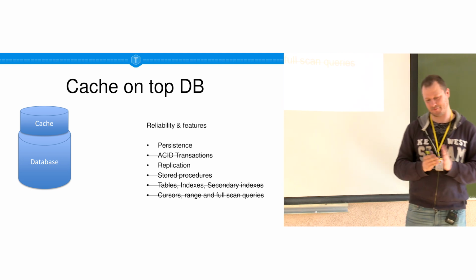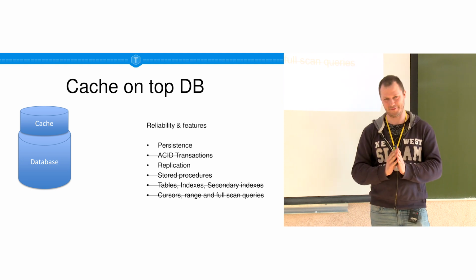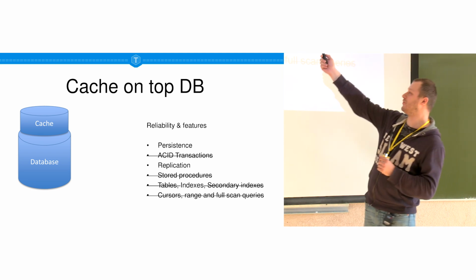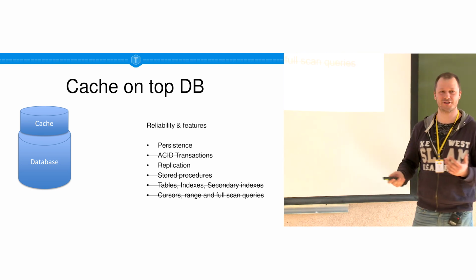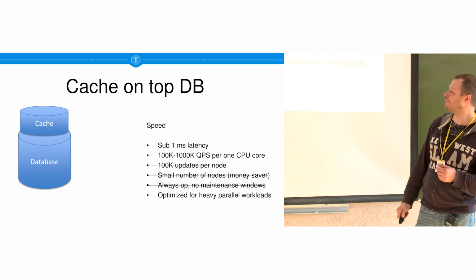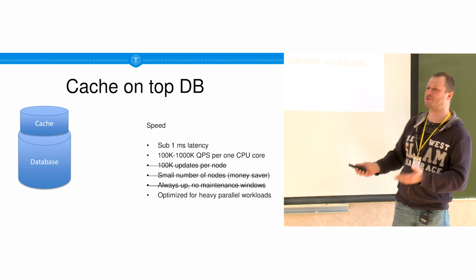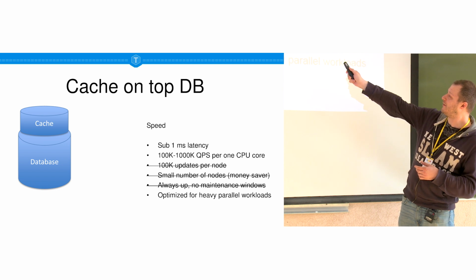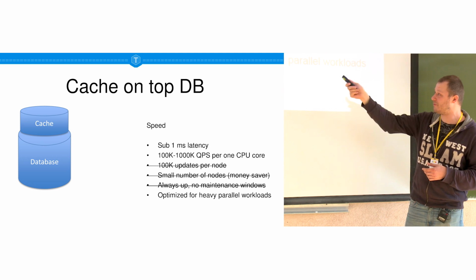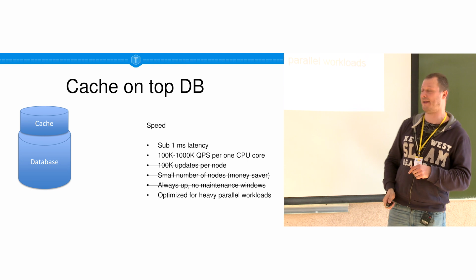It can be many operations, but they're all completed or not at all. So you lose this property, of course, because you have a cache, and caches don't have transactions. And the same goes for another group of features, speed. Again, you lose some of it. For example, you don't have that really fast speed on update operations, because every update operation hits the database, and the database is slow.